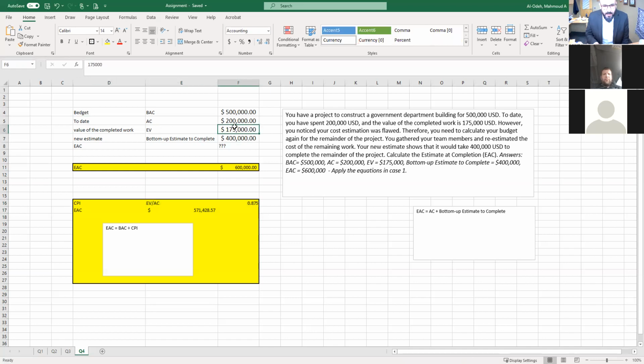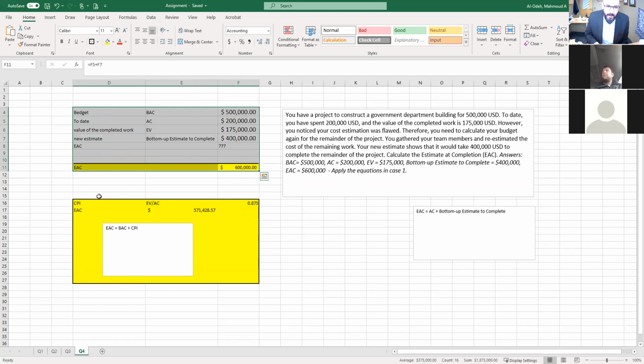This is the earned value. This is the actual cost. I know your performance is 87.5%, and therefore will give you more money based on your performance. And again, both of them are accurate. One is speaking from the team member perspective, and the other one is speaking from the top management perspective.